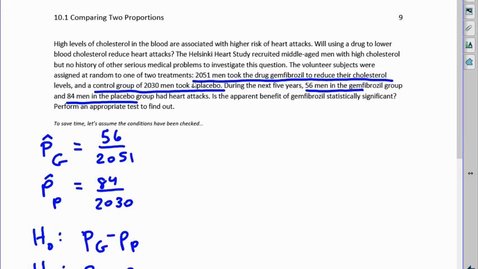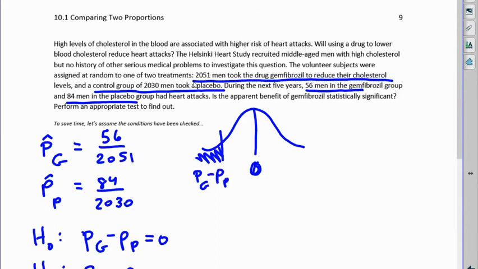No hats on these. So the equal sign at the null hypothesis, and I'm wondering if it'll lower it. So if I think about my curve, I want the PG to be lower. So if in the middle I have 0, if I want my PG to be lower than my PP, I should be looking at this side. This would be PG minus PP and it being lower. And because I'm saying no difference, I need to pool.